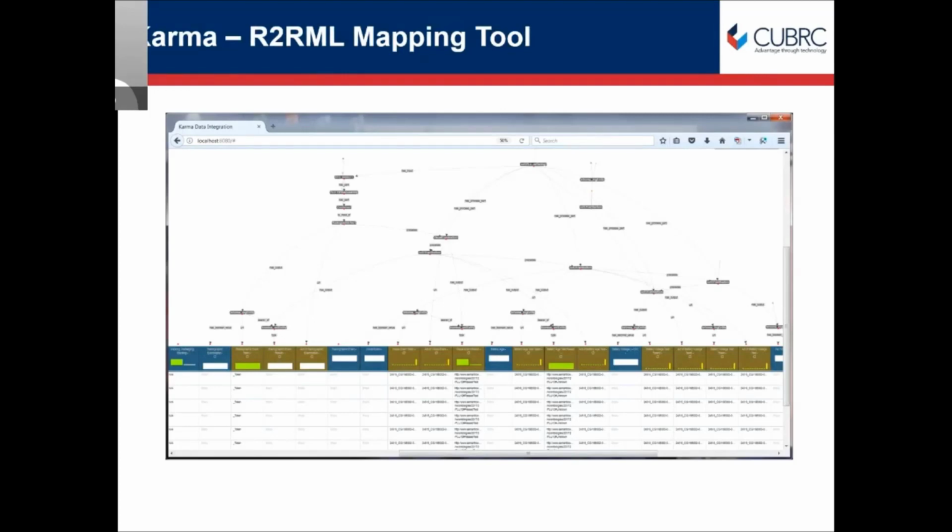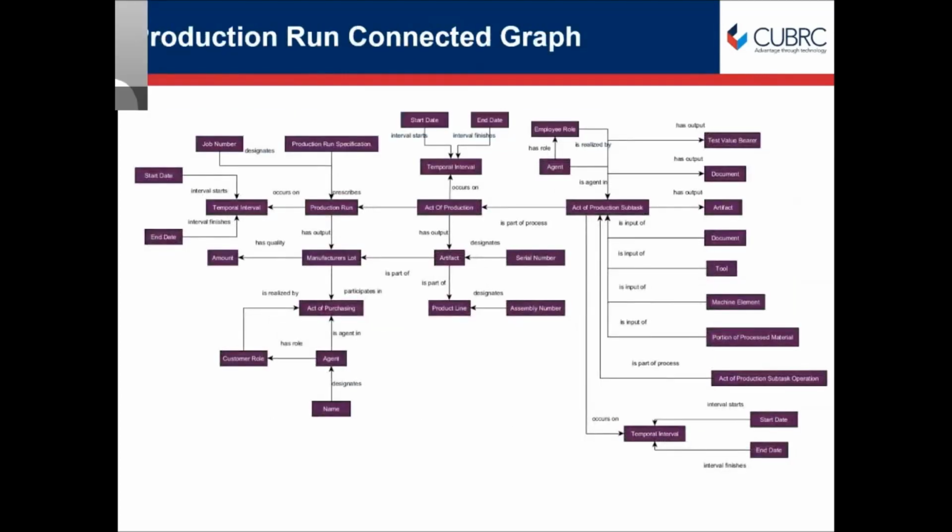But there was a problem: what we want in the ontological representation is a very large connected graph. So in this case, we have a production run. That production run produces a lot.